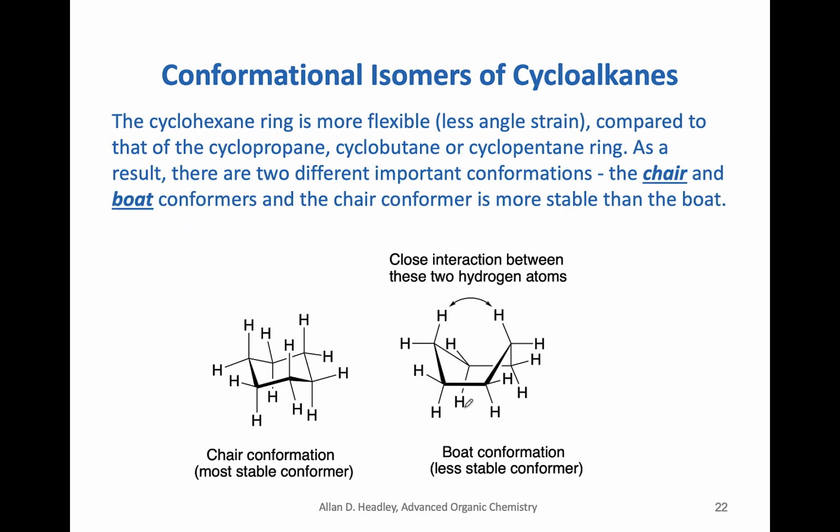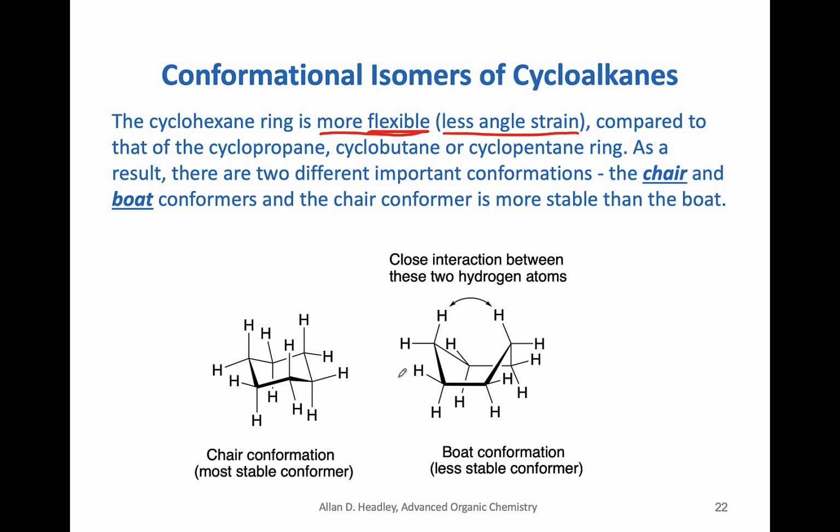Let's look at this cyclohexane, which is a very common ring structure in organic chemistry and a very common ring structure found in nature. Here we have a lot more flexibility between the carbon-carbon bonds, less angle strain compared to the cyclopropane, definitely, and the cyclobutane, and of course the cyclopentane.